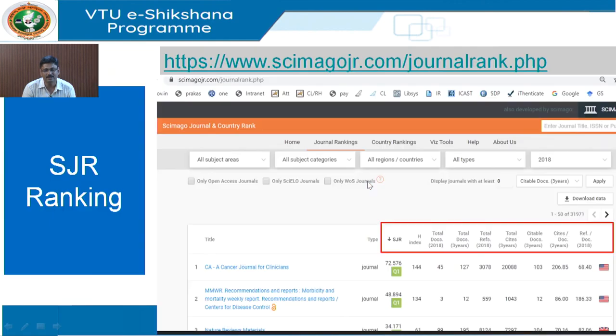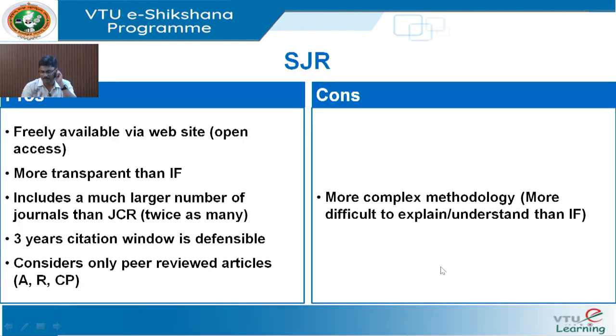That is how they generate the SJR score, and this is where you find the SJR ranking for each year for each journal. This is where it gives the SJR rank using that formula. So these are the major publication metrics to judge the journal.